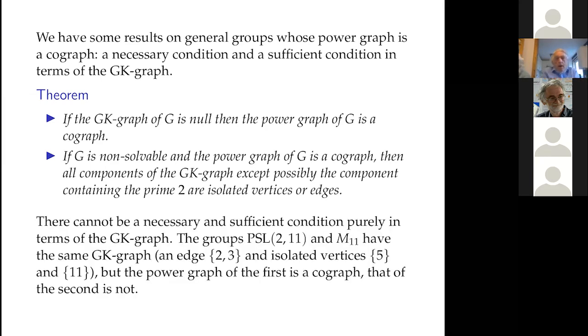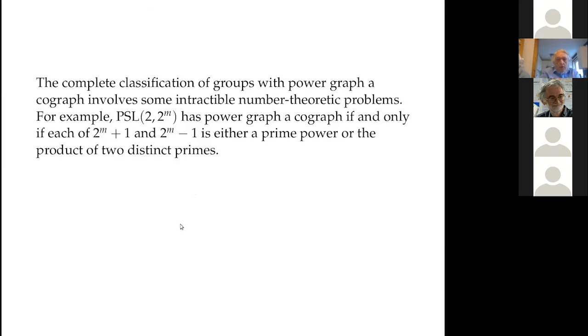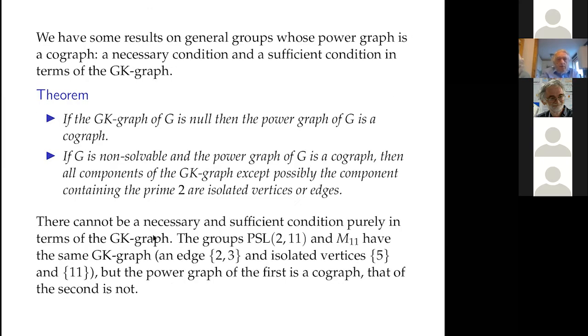But there cannot be a necessary and sufficient condition purely in terms of the Gruenberg-Kegel graph for the power graph to be a cograph. If you look at the groups PSL(2,11) and M11, this one has order 660, this one has order 7,920. These are not too big. You can do the computations very quickly. They have the same Gruenberg-Kegel graph, so they have an edge from 2 to 3, an isolated vertex 5, and an isolated vertex 11.